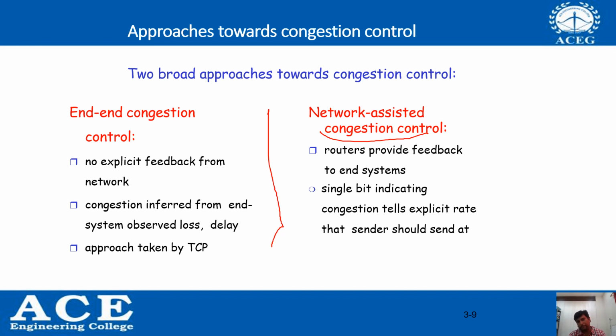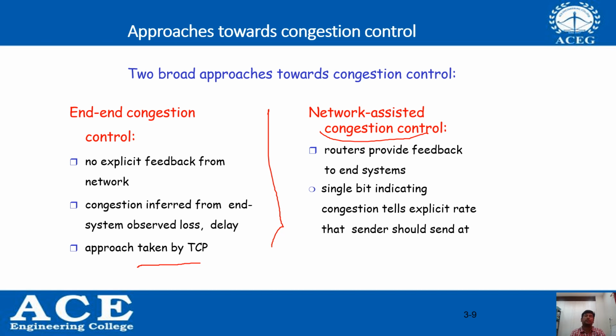It is simple. When there is a delay in the reception of packets or acknowledgements, or there is certain loss of packets in the transmission, either the sender or receiver needs to understand there is congestion. This method, where there is no explicit feedback but we analyze congestion based on the system and its performance, is referred to as end-to-end congestion control. This approach is taken by TCP.